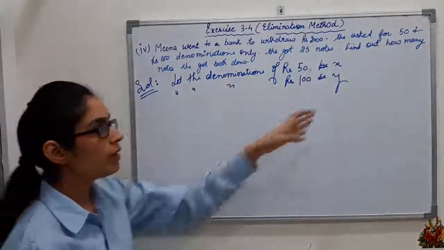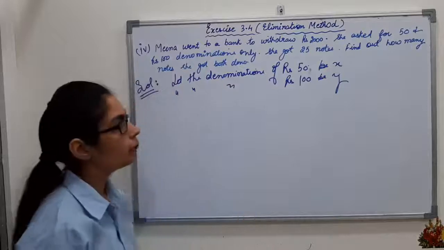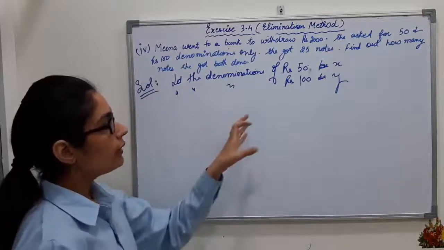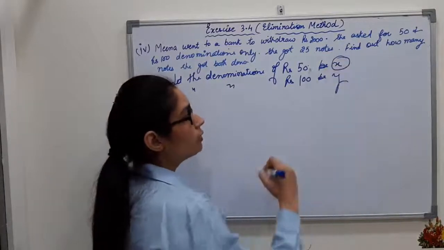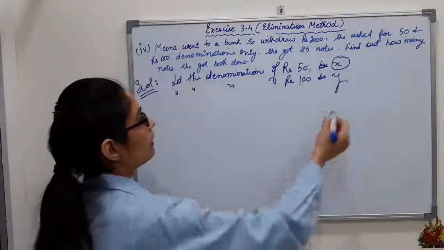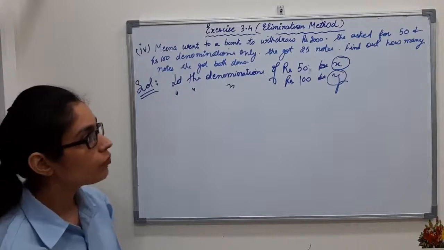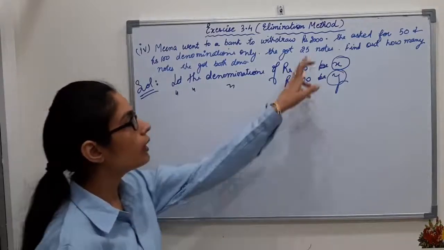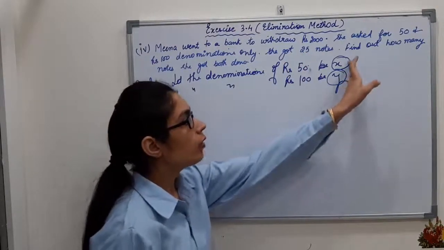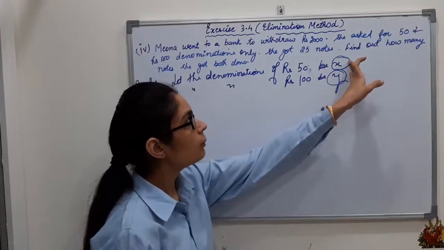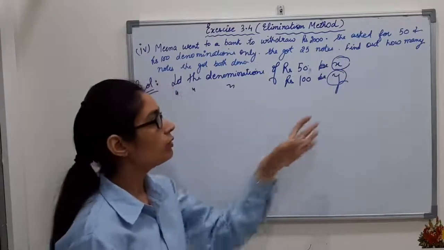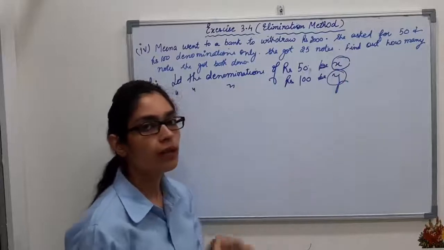So we have assumed those as x and y. Like these are all the 50 notes, and these are all the 100 notes. These are all the denominations. X is the denomination for all rupees 50 notes and y is the denomination for all the rupees 100 notes.